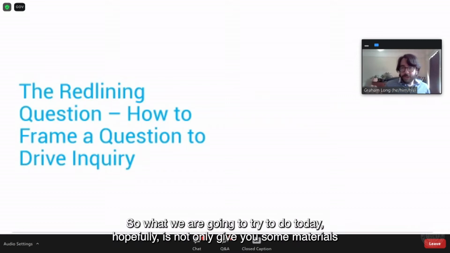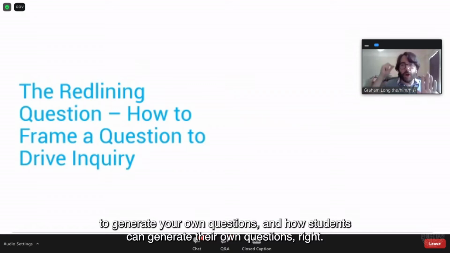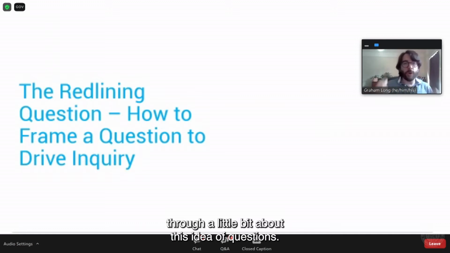right? So what we are going to try to do today, hopefully, is not only give you some materials to help do that, but also get you thinking about how to generate your own questions and how students can generate their own questions, right? And so if you think about the flow of the day, Tess just talked you through a little bit about this idea of questions.